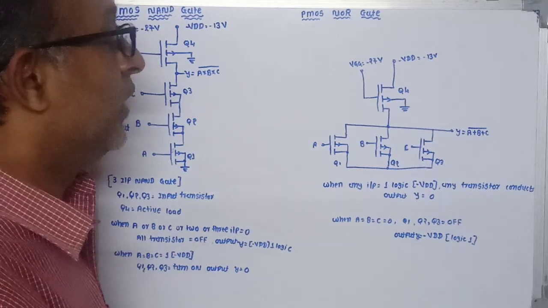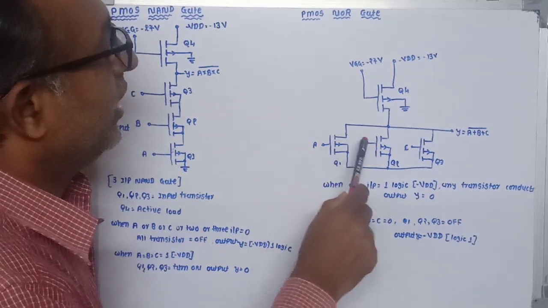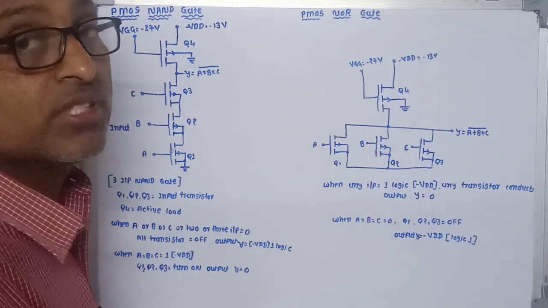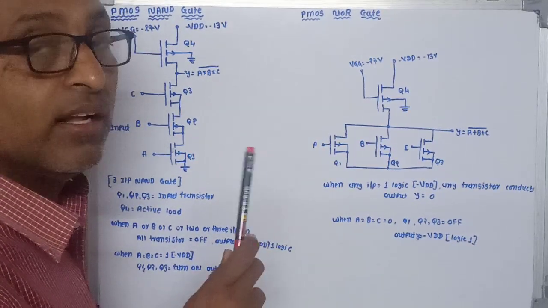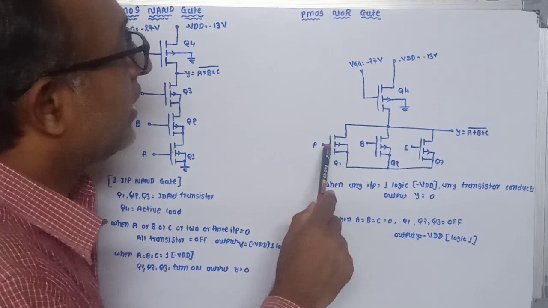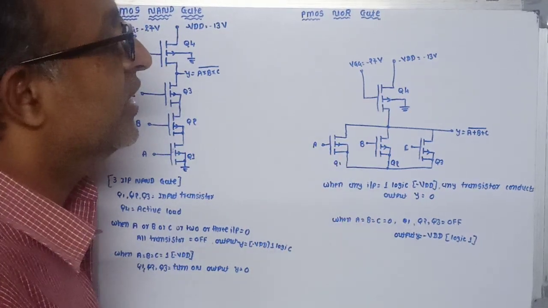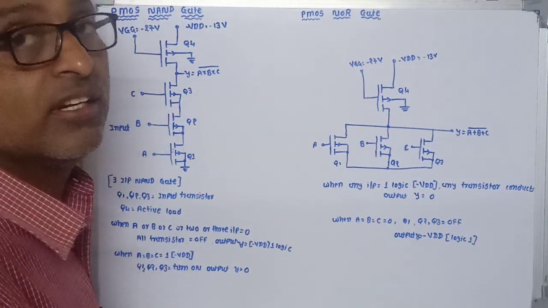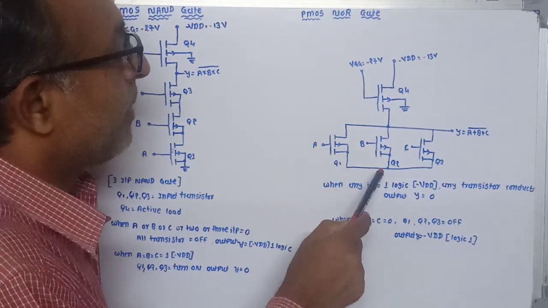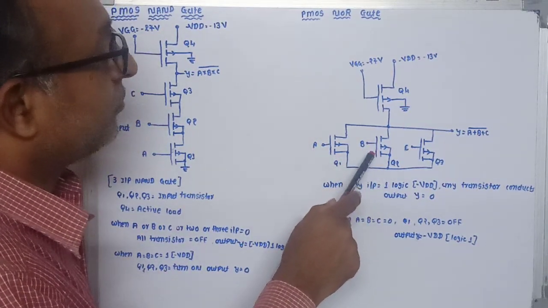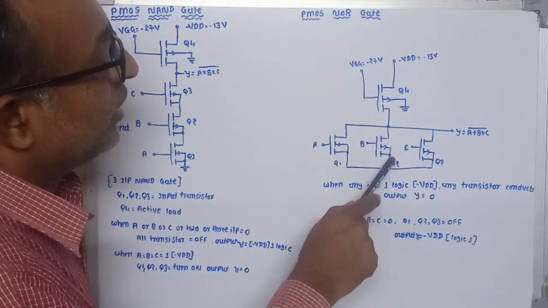Now when any input A, B or C is at logic 1 or high, or connected to the minus VDD, that particular transistor conducts. If A is 1, then Q1 conducts. If B is 1, transistor Q2 conducts.